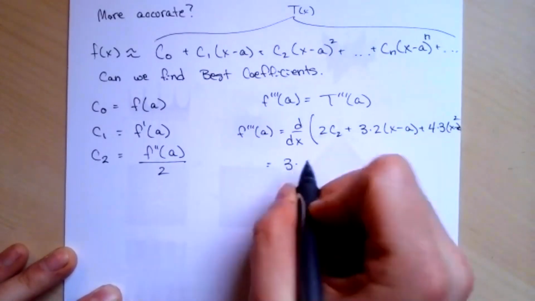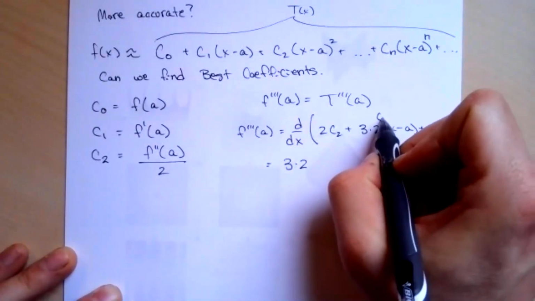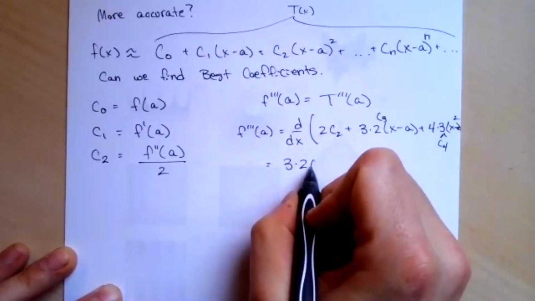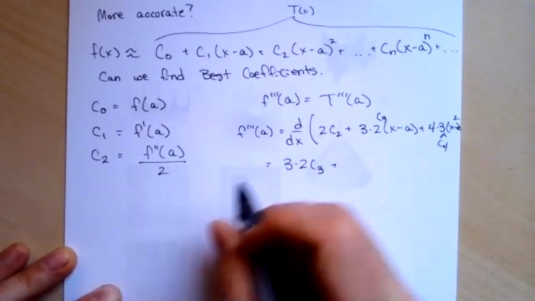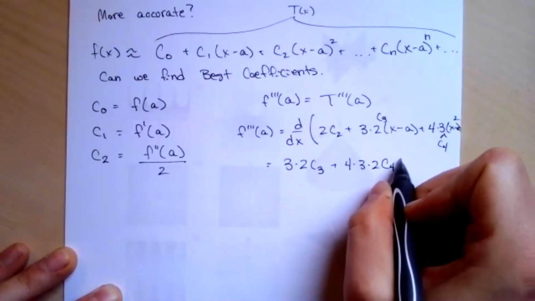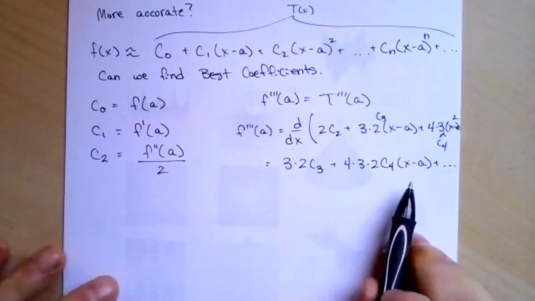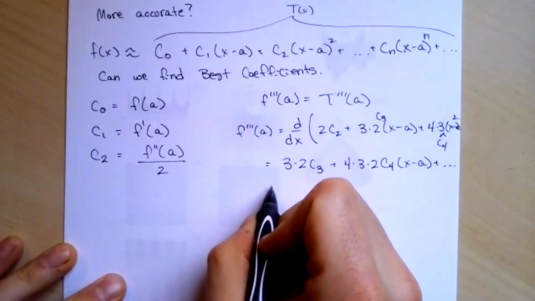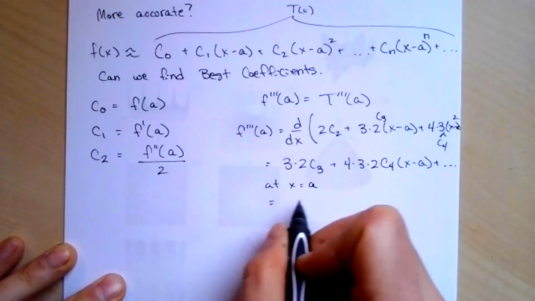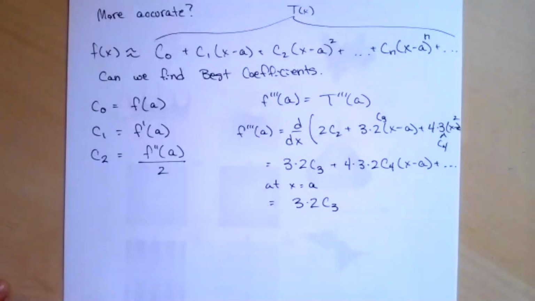And then we're going to be left with 3 times 2 times c3 plus 4 times 3 times 2 times c4 times (x minus a). And then, of course, evaluating at x equals a, we're only going to get that constant term.